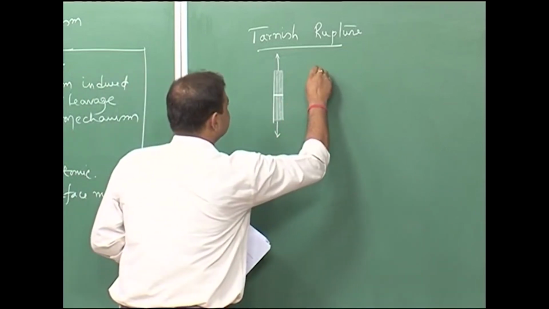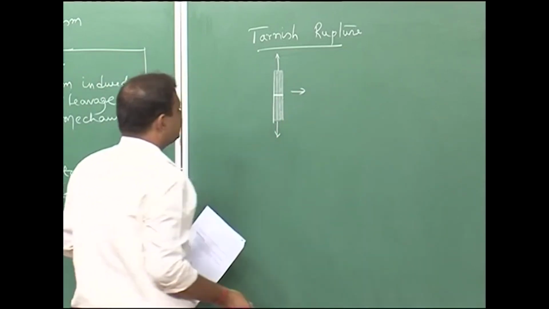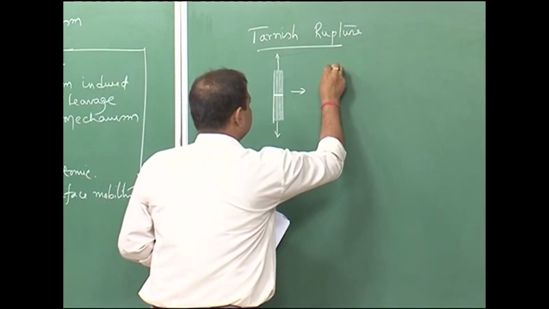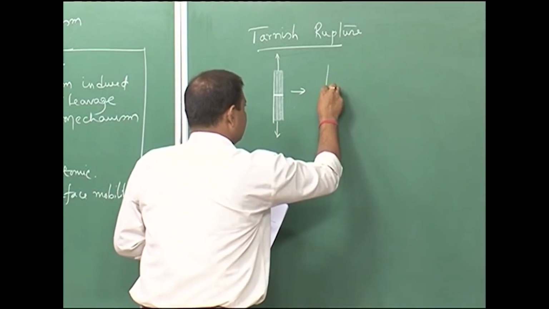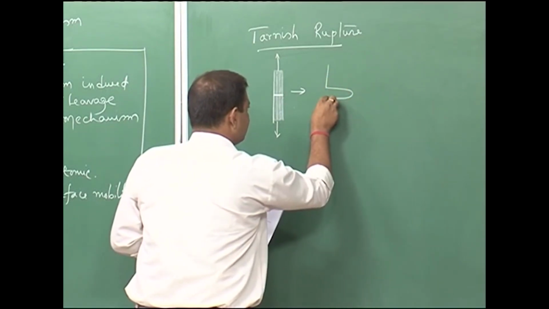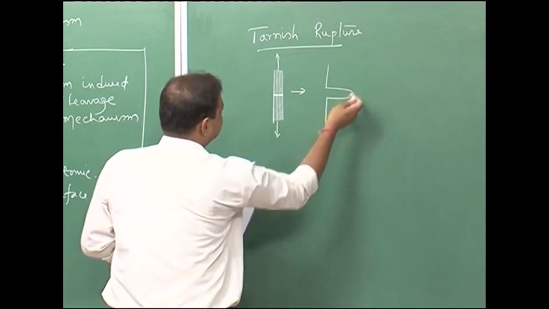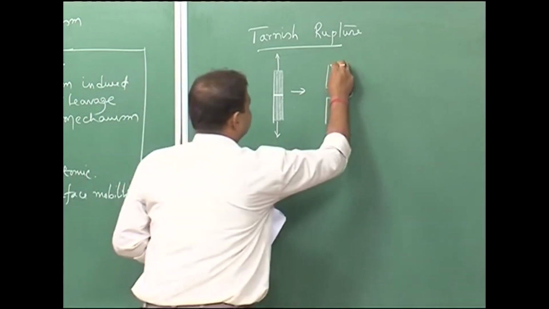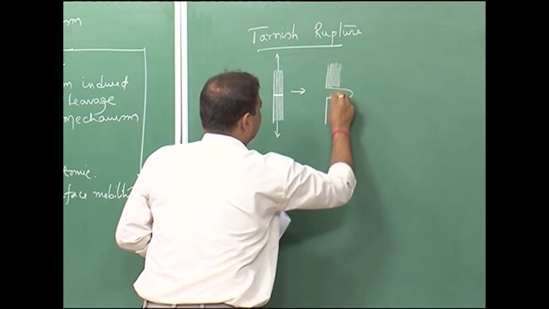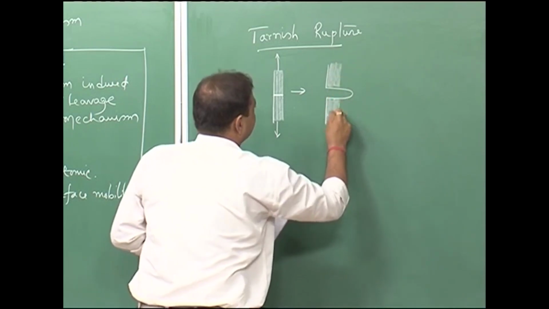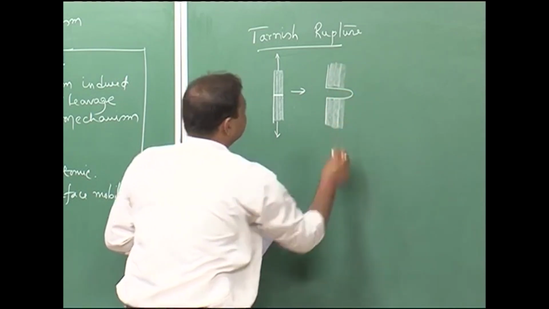So, what happens? If you see the next step, you have this crack which is like this, because the blunting is happening. Again, this is my passive film.